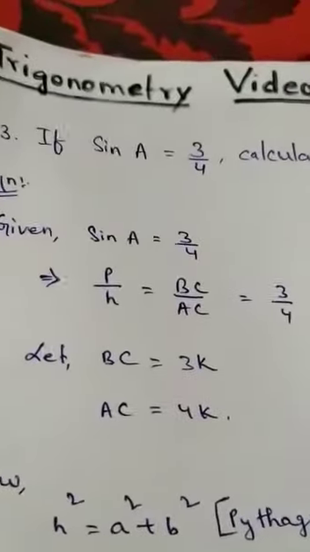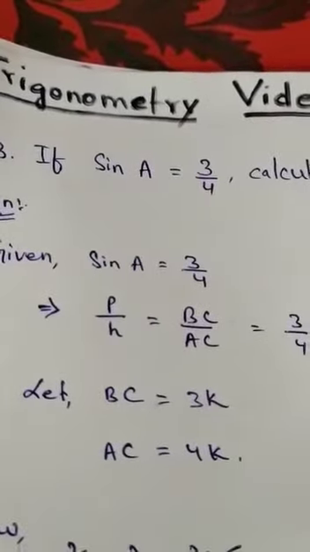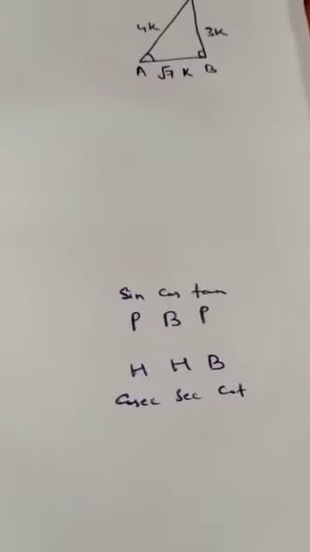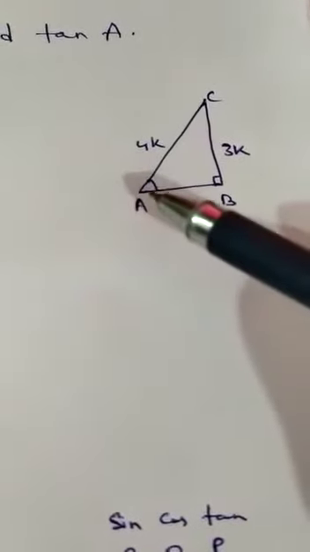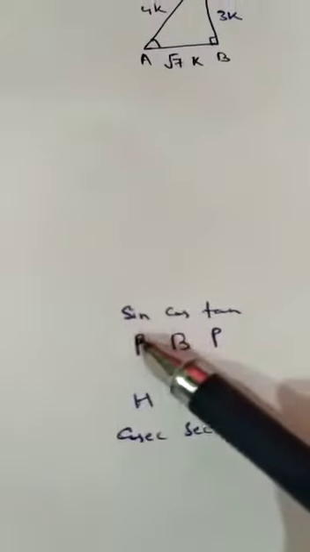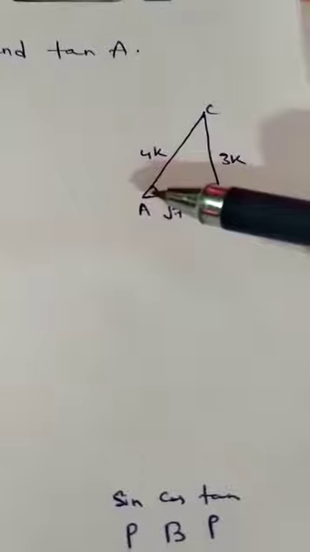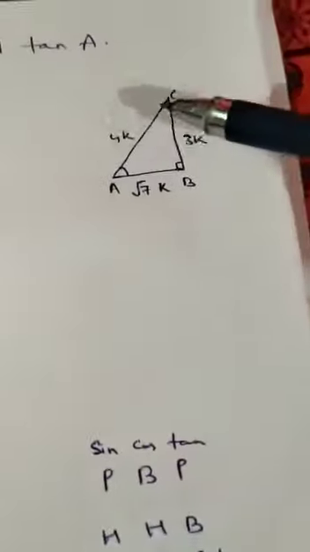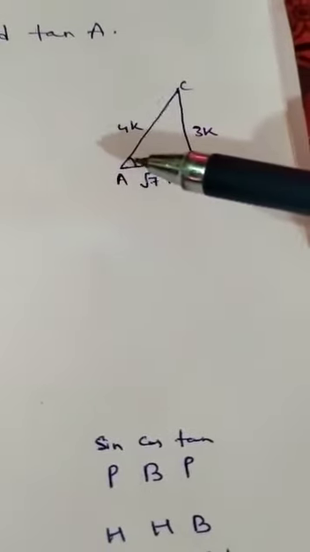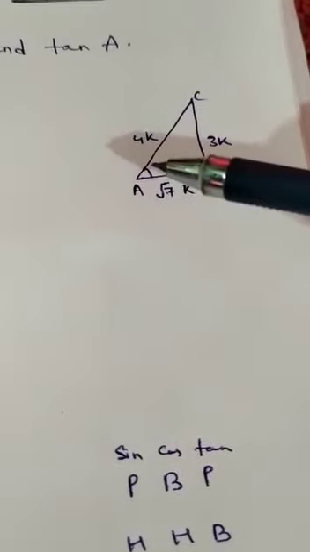Now, see, it is given in the question sin A. So here in this triangle, if I draw a right angle triangle, angle A will be the theta, and the formula of sin is P by H. Which side will be perpendicular?